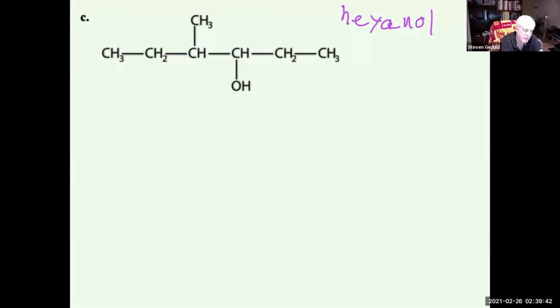It's going to be number 3 because we go with the lowest possible number for our functional group. So there's 3-hexanol, and we have a methyl group attachment at number 4. So 4-methyl-3-hexanol.